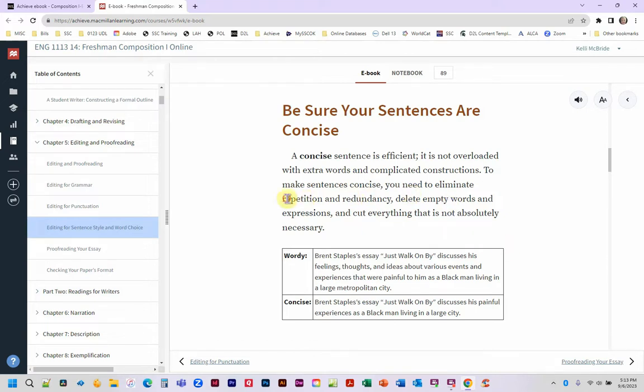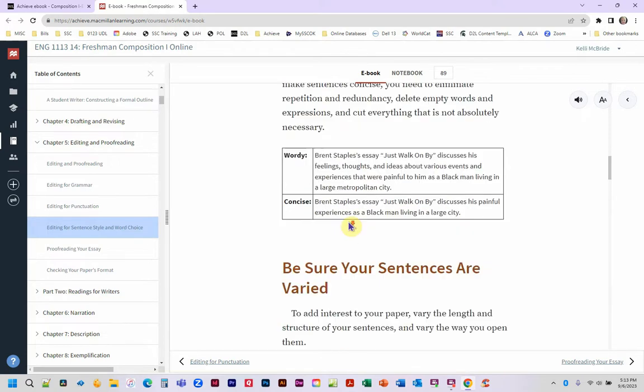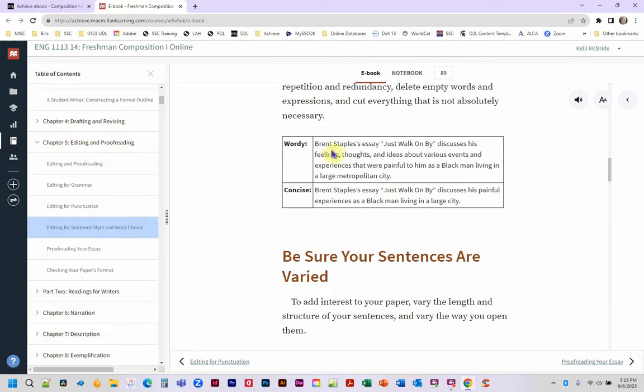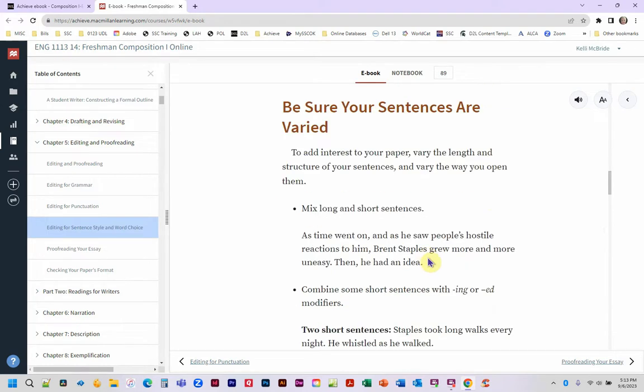You also are going to eliminate repetition and redundancy, empty words and expressions, right? So nothing that isn't necessary. So we can see here, here's the wordy sentence and here's the concise sentence. So oftentimes conciseness does mean shorter, but it isn't necessarily shorter. It basically means that you've expressed yourself in the most effective way possible.